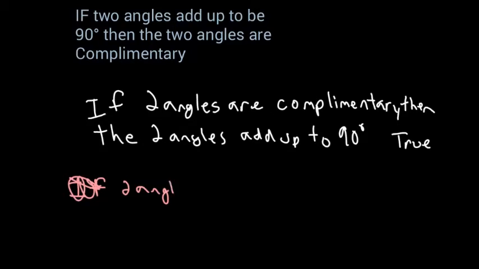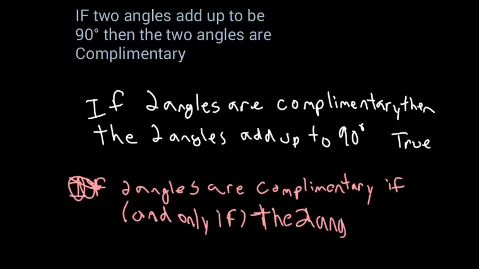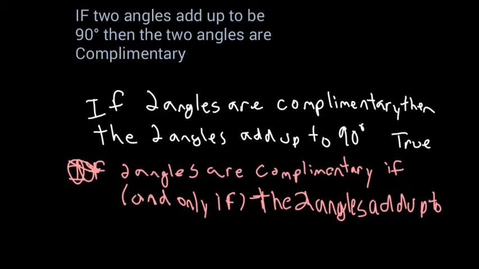Two angles are complementary if and only if the two angles add up to be 90 degrees. So that is a true biconditional statement.